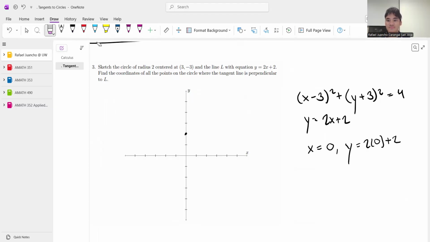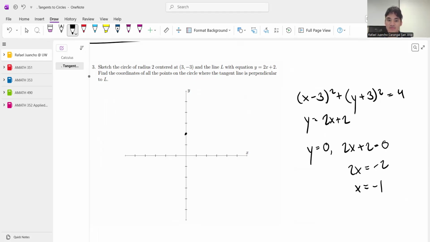Let's get another point. Maybe when y is 0. That would mean that 2x plus 2 equals 0. 2x is -2, x is -1.